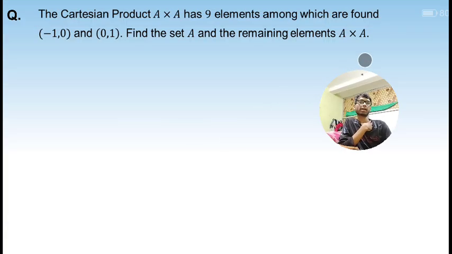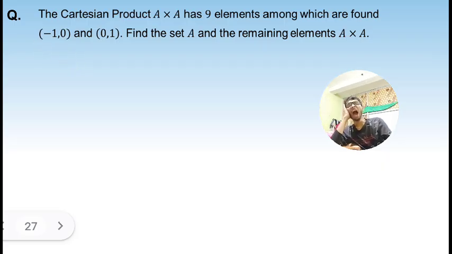The Cartesian product A × A has 9 elements, among which are found minus 1 comma 0 and 0 comma 1. Find the set A and the remaining elements of A × A. We have got 2 elements.